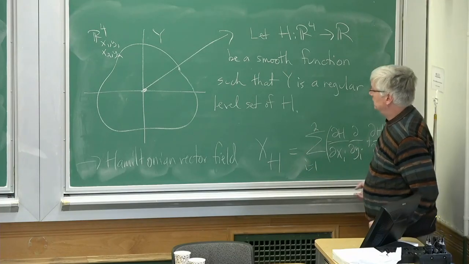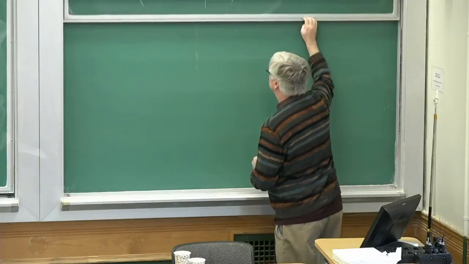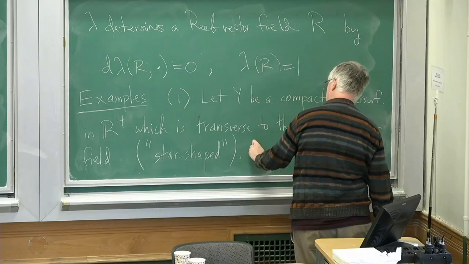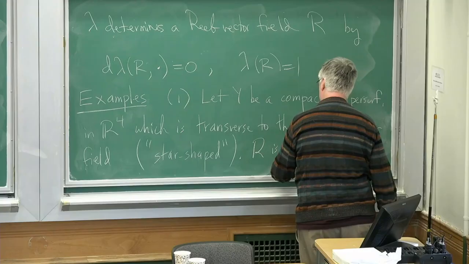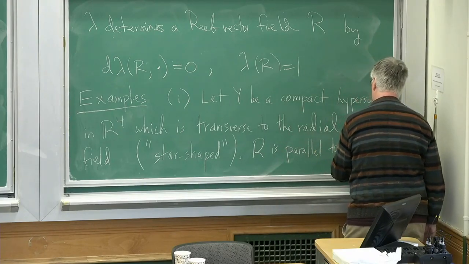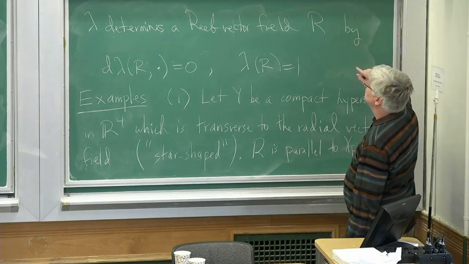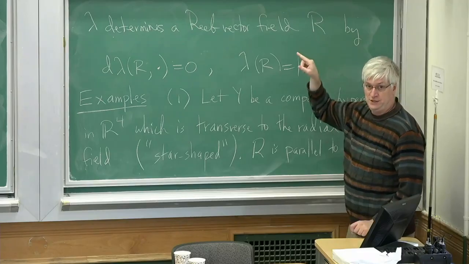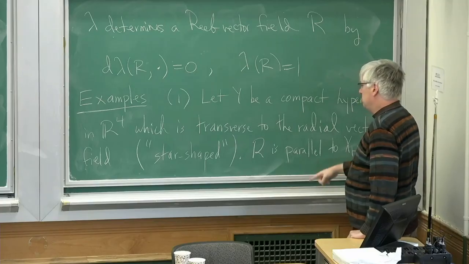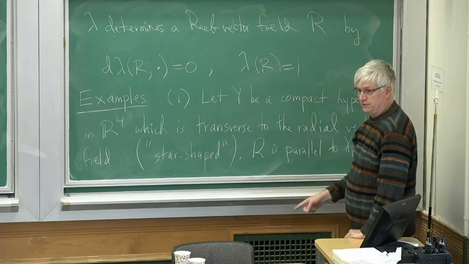And then the claim is that in this situation, the Reeb vector field is parallel to X_H restricted to Y. The Hamiltonian vector field is tangent to any level set of H. So if you start on a level set, you stay in the level set when you follow the vector field. And then up to scaling by some function on Y, this is the Reeb vector field.